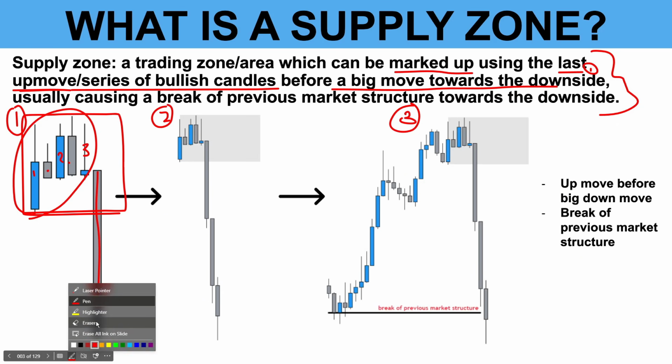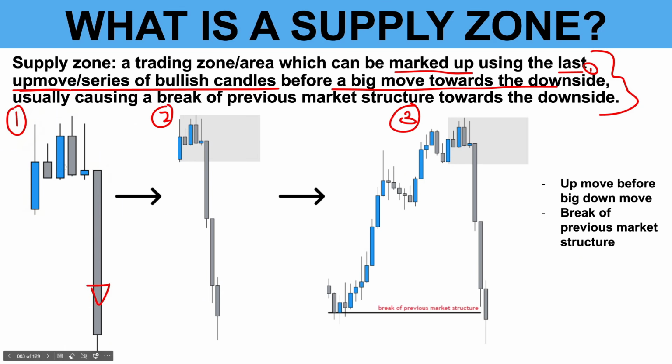So again, this last up move right here, this series of candles, is the last up move before this massive down move towards the downside. So this is the markup and the zone for our supply zone.